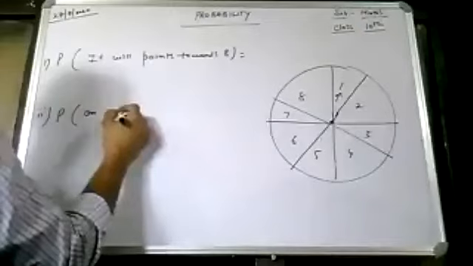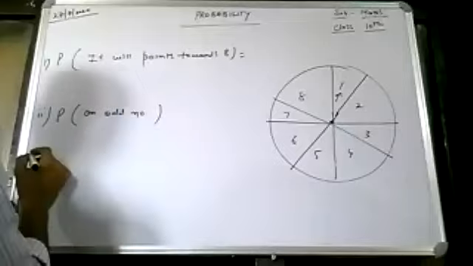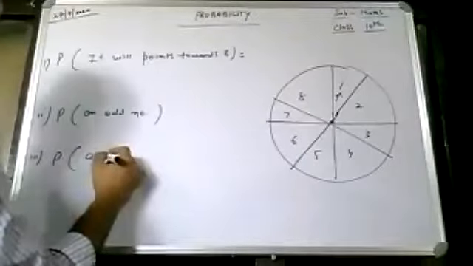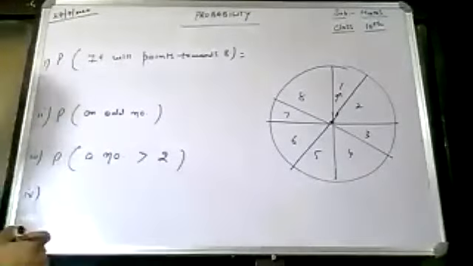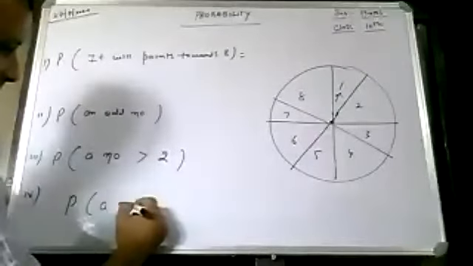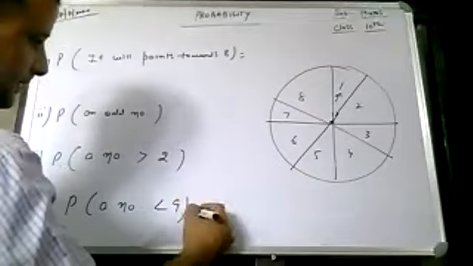Next, an odd number. Next, a number greater than 2. Next, a number less than 9.